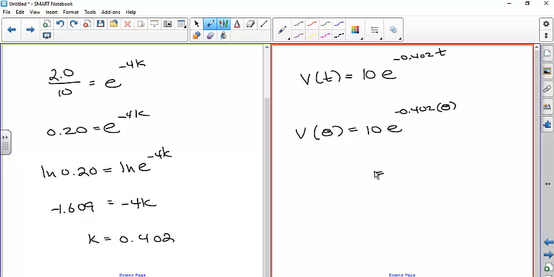So if you take 10 times e to the negative 0.402 times 8, you get 0.401. It's kind of a coincidence. That's 402, that's 401. I don't think there's any significance to that. I think it's just a coincidence.